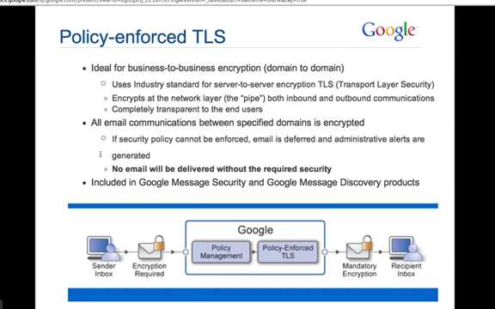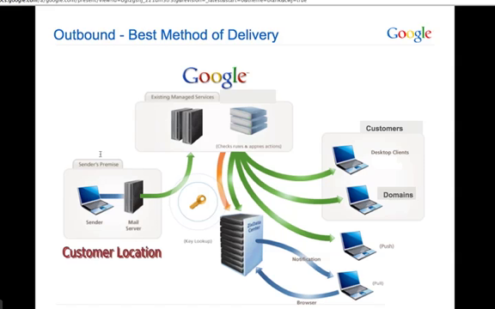So that's all well and good for instances where you're exchanging traffic securely with another business partner. However, there are instances where you might need to get a particular message sent securely to some random internet destination. In that scenario, you can take advantage of Google Message Encryption.